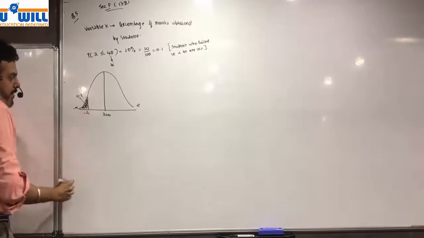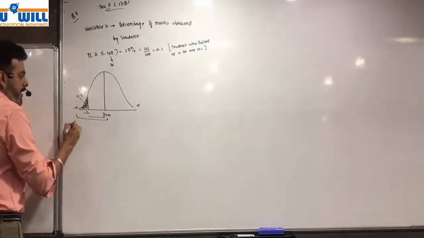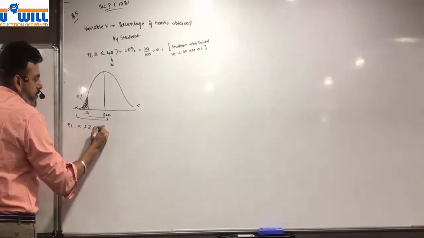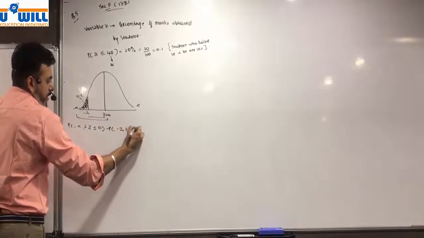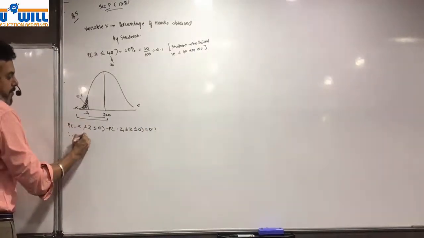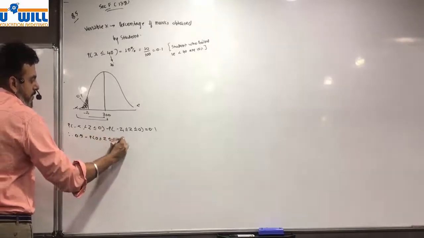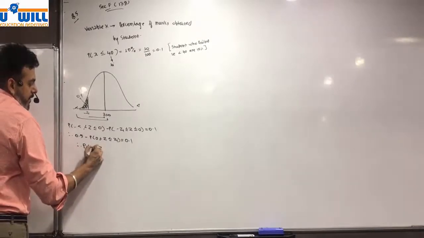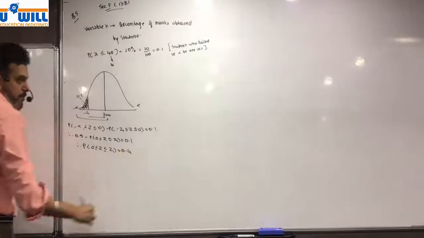This is minus Z1. Equation: probability of Z from minus infinity to 0 minus probability of Z from minus Z1 to 0 is equal to 0.1. Therefore 0.5 minus probability of Z from 0 to Z1 is 0.1. Therefore probability of Z from 0 to Z1 is 0.4.